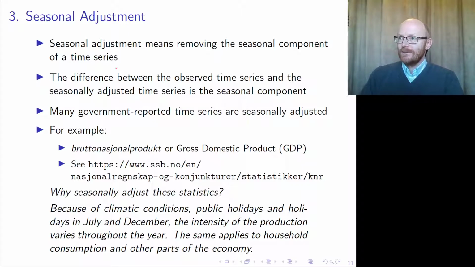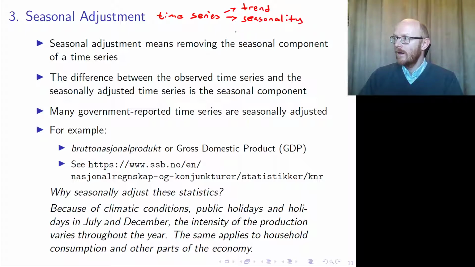So, for example, seasonal adjustment means that you remove the seasonal component of a time series. So remember that you have a time series which you can decompose into trend, into seasonality, and into remainder.